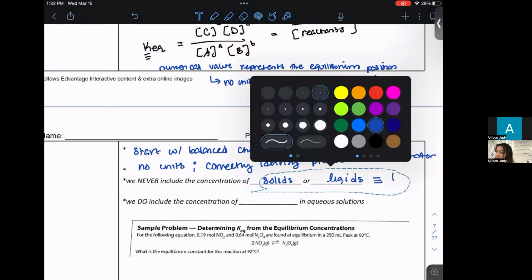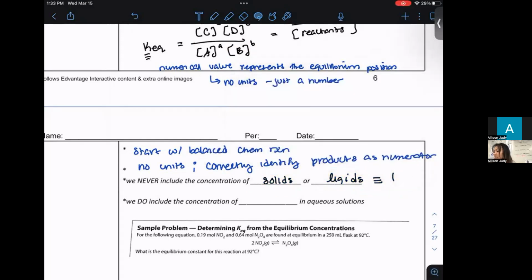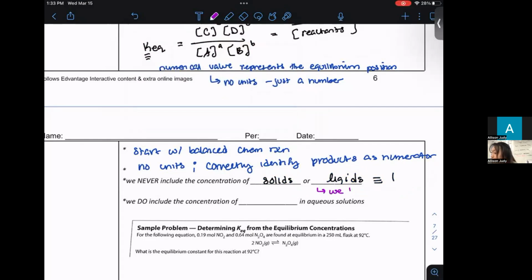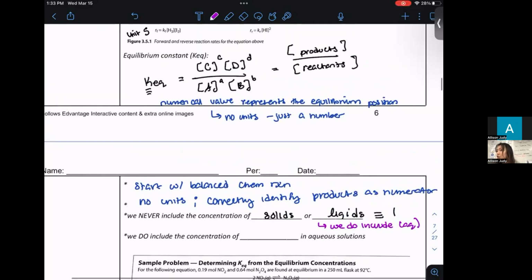We include aqueous ion species. We just don't include pure liquid species, like pure water liquid, which, again, you never write as water aqueous. Don't do that. Water liquid, pure mercury liquid, a liquid metal, liquefied gold: none of that would be included in your KEQ. You would not even write it into the expression because it would act like a 1.